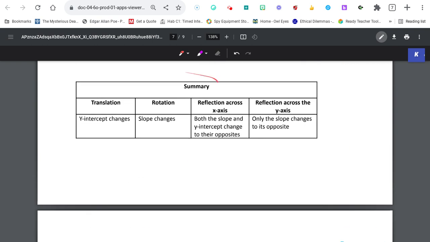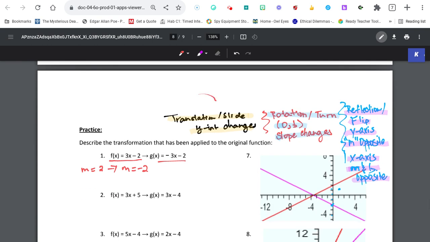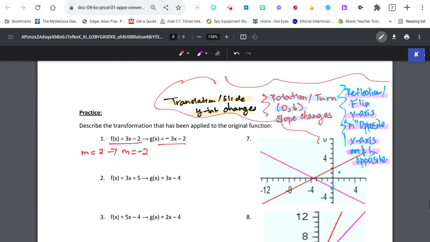And if you have to look back at this, go ahead. I tried to put things up here so you can see it. So when only the slope changes to its opposite and the y-intercept stays, that's going to be a reflection, guys. Slope changes to its opposite, it's going to be y-axis reflection.